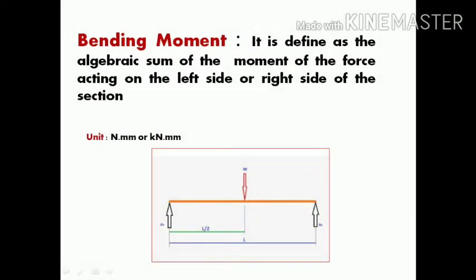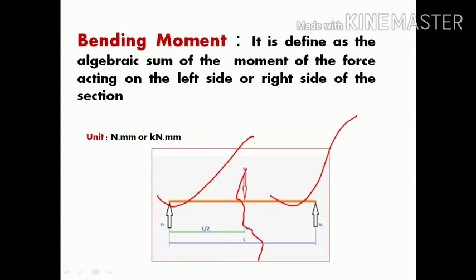Now bending moment. The definition of bending moment is similar to that of shear force. It is defined as the algebraic sum of the moments of the forces acting on the left or right hand side of the section of the beam. If you take a section here, take the moment of the forces from the left hand side or from the right hand side about a fixed point.